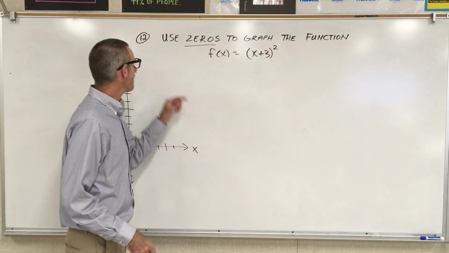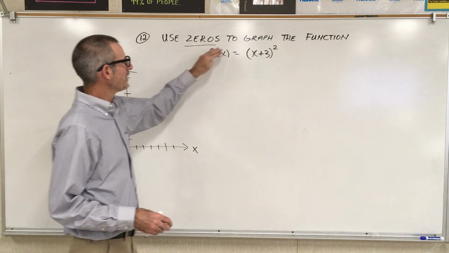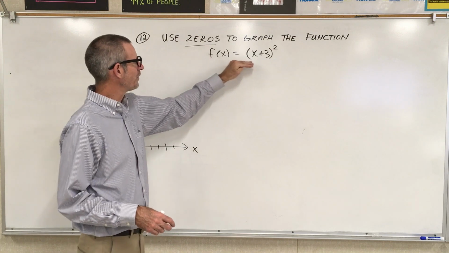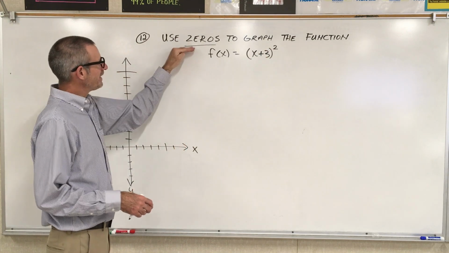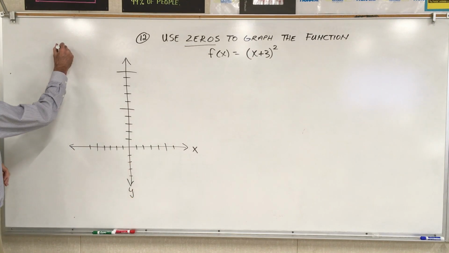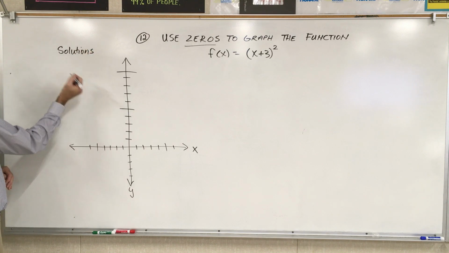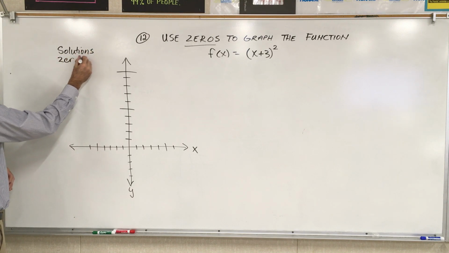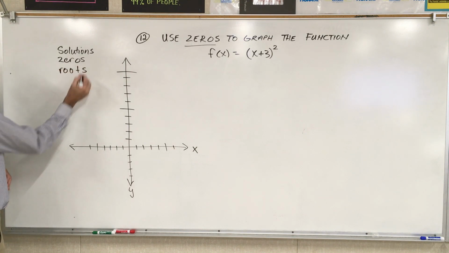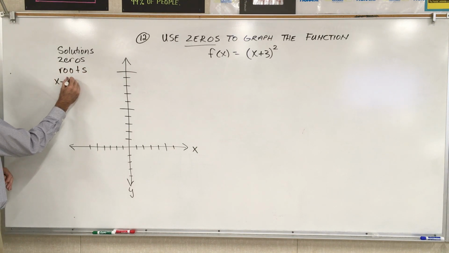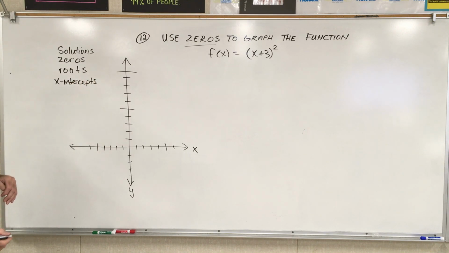Now we're going to take a look at problem number 12 from Friday's assignment. Use zeros to graph the function f of x equals the quantity x plus 3 squared. Zeros. We need to learn that solutions to a quadratic function and zeros of a quadratic function and roots of a quadratic function and x-intercepts of a quadratic function are the same thing.